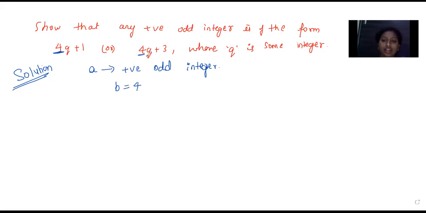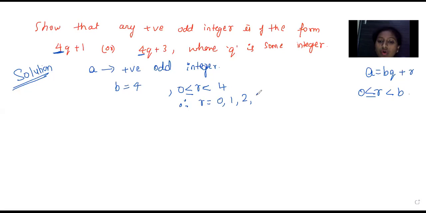According to Euclid's division algorithm, a is equal to bq plus r, where 0 is less than or equal to r, which is less than b. So my r value should be less than 4 and greater than or equal to 0. Therefore, r can be 0, 1, 2, or 3.